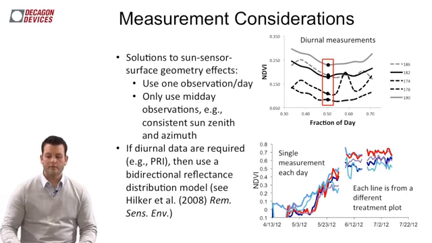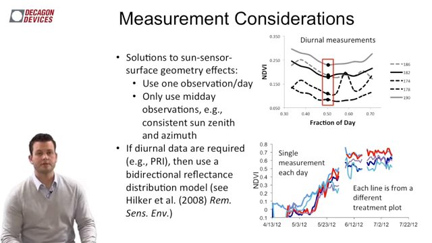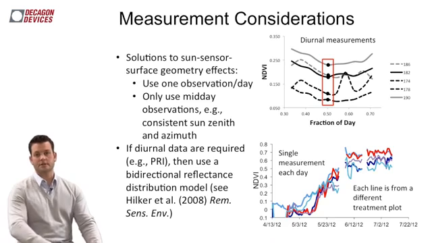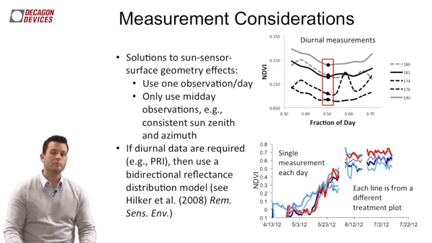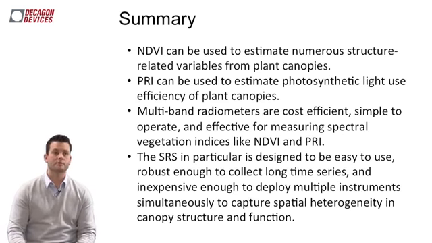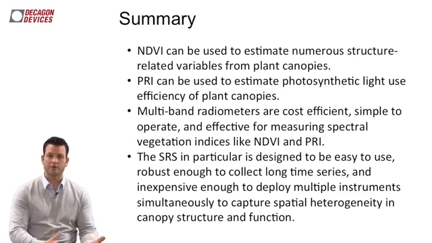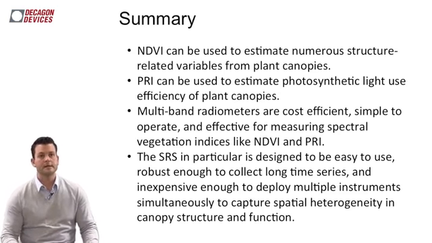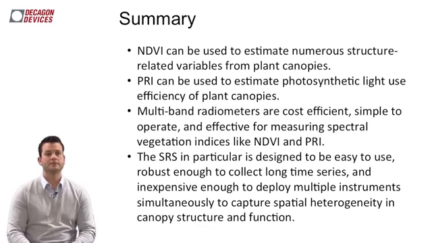Okay, so in summary, we've covered the NDVI and PRI, several applications, some limitations, and gone through some measurement considerations. But just as another high-flying overview, the NDVI is primarily useful for understanding or for measuring plant canopy structural variables, whereas the PRI is really useful for getting at functional variables like light use efficiency, but also some of the plant pigments as well over long time periods.